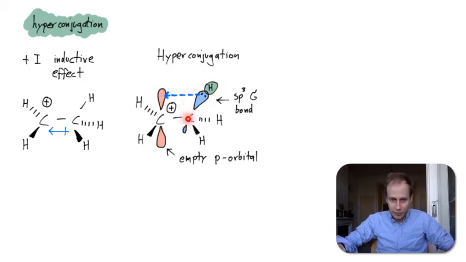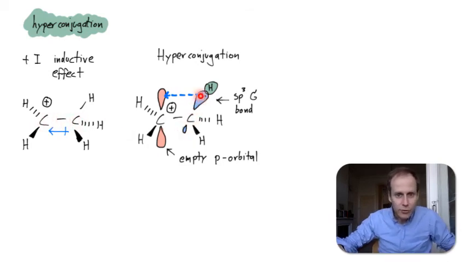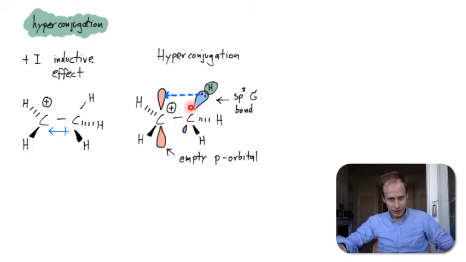Now, there's the plus inductive effect, right? It causes a polarization of this sigma bond. But there's also this sp3 orbital that has this orientation that experiences this inductive effect from this empty p orbital, and it withdraws electron density not only here through the sigma bond, but also from this one sp3 orbital that's connected to this hydrogen.